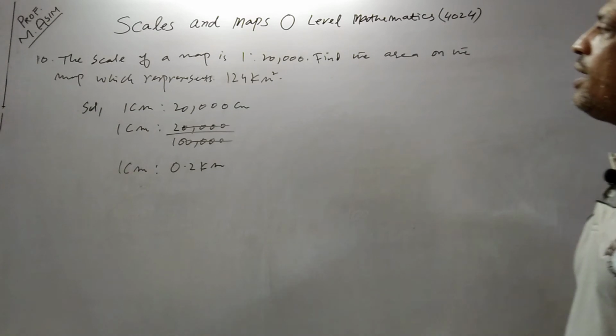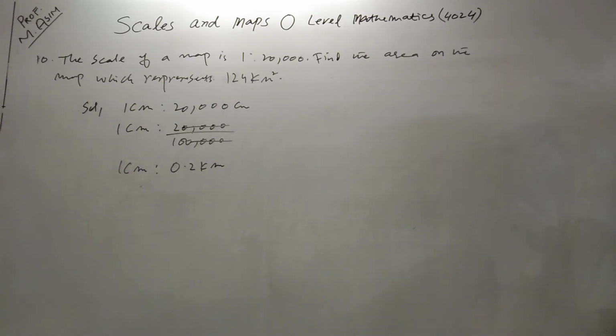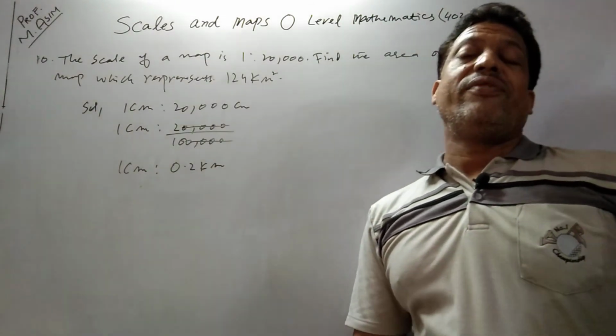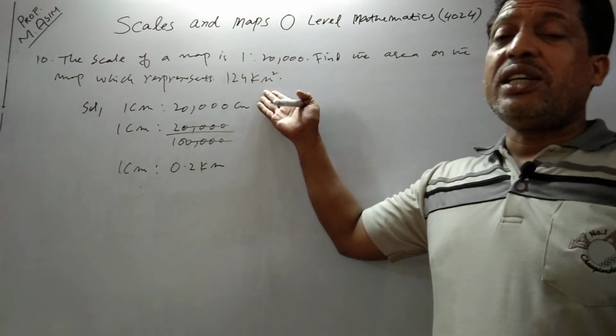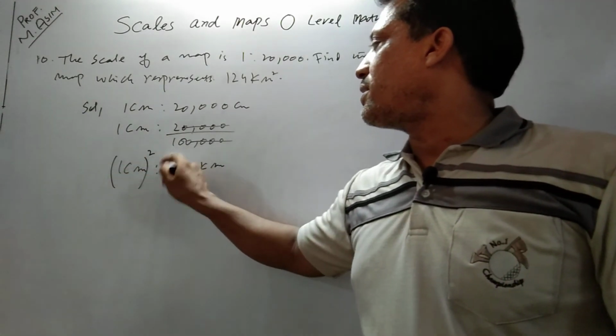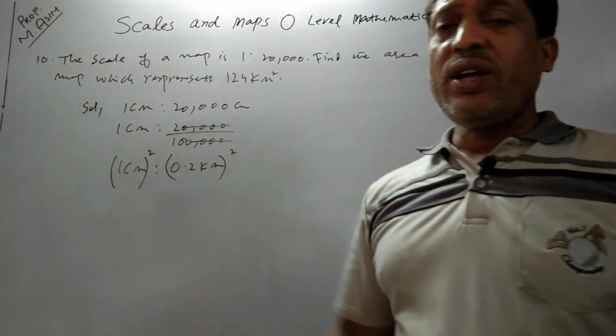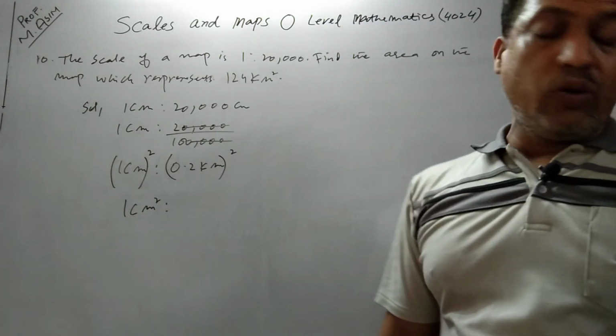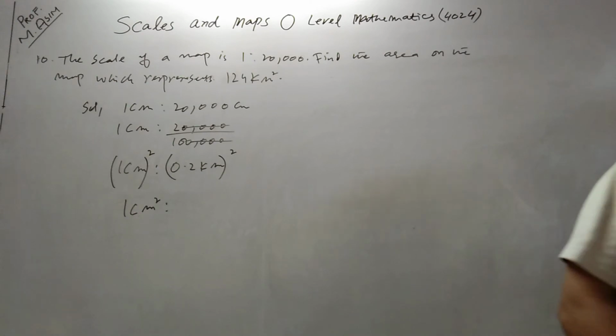See the question. Find the area on the map which represents 124 kilometer square. So the question is related to area, therefore we must convert it into area scale. 1 centimeter square is 1 centimeter square and 0.2 kilometer square is 0.04 kilometer square.